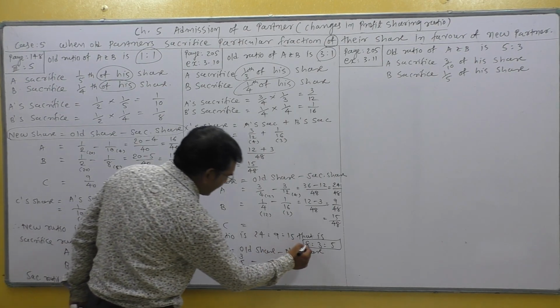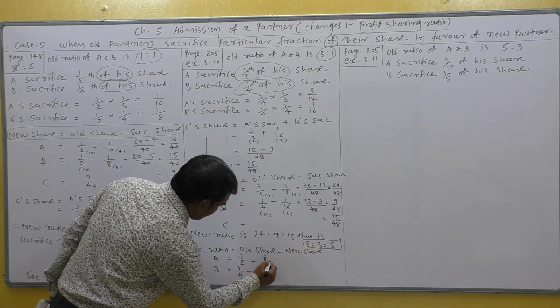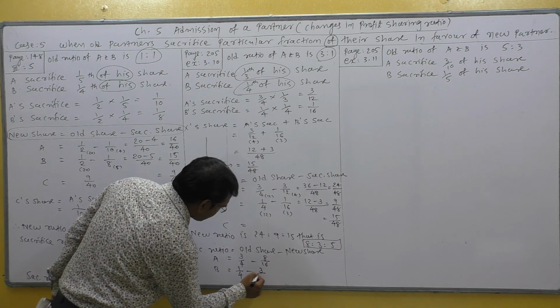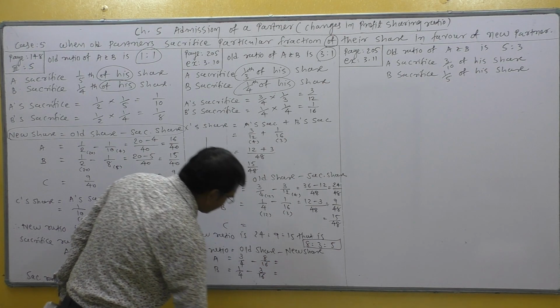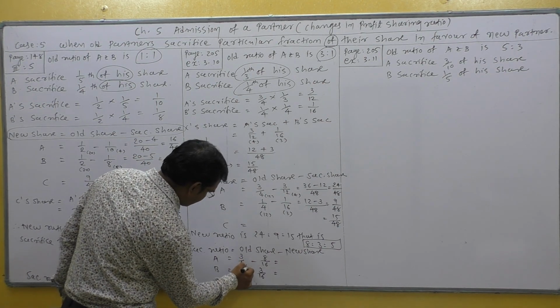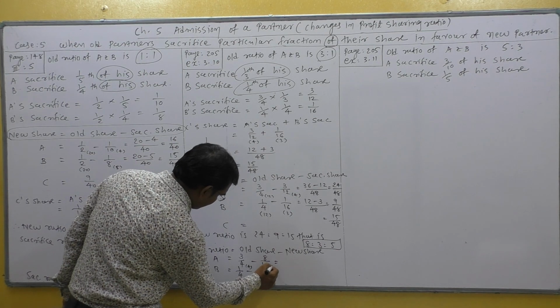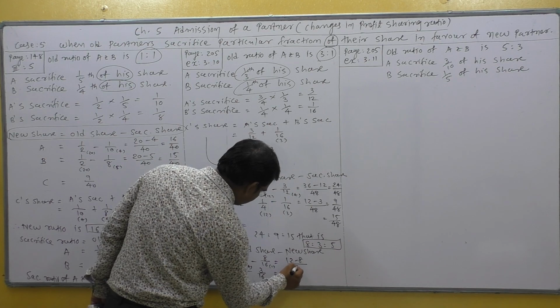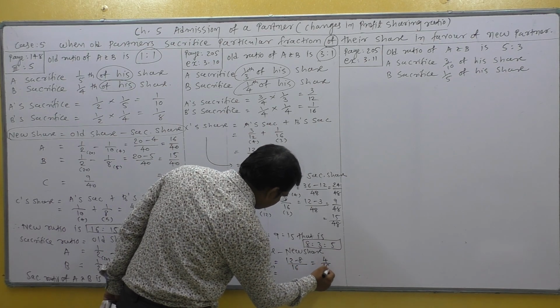Here the new share is 8 is to 3 is to 5, so 8 by 16 and 3 by 16. What is the LCM? 16. So here multiplied by 4 and 1. 4 3s are 12. 12 minus 8 divided by 16 is equal to 4 by 16, right?